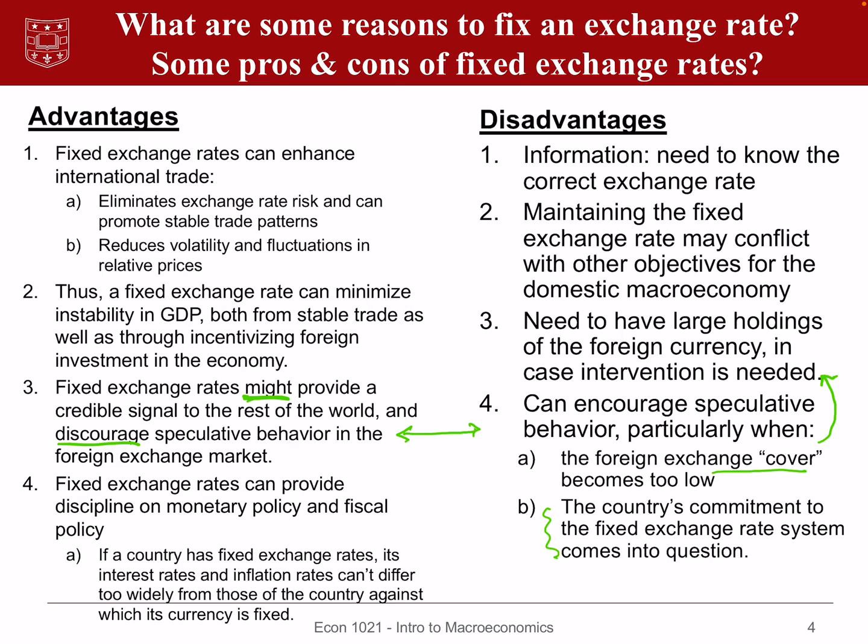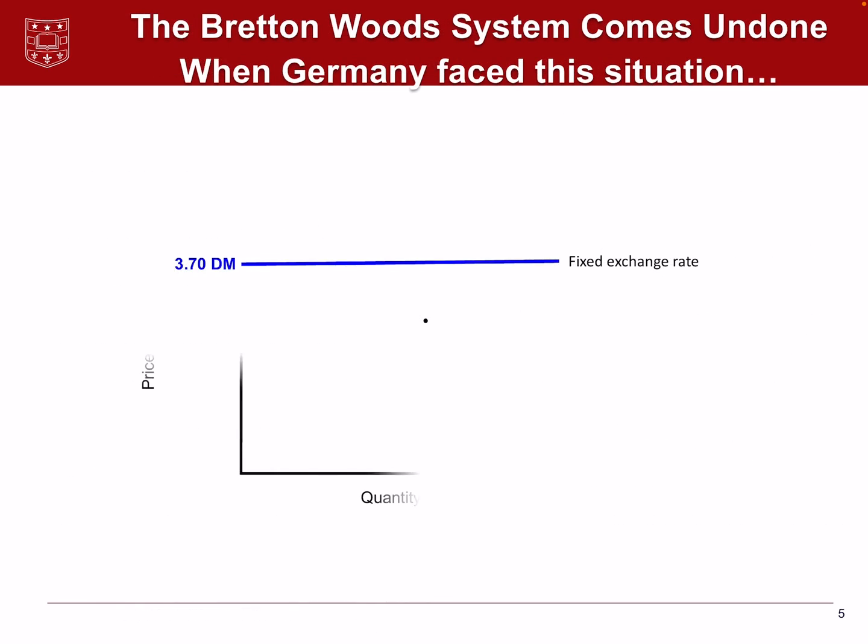It was only when speculative behavior occurred and there was a dumping of the currencies of East Asia, like the won in South Korea and the baht in Thailand, that those fixed exchange rates became undone. So again, a very interesting period in economic history. And if you're interested in learning more, I can point you in the direction of some reading.